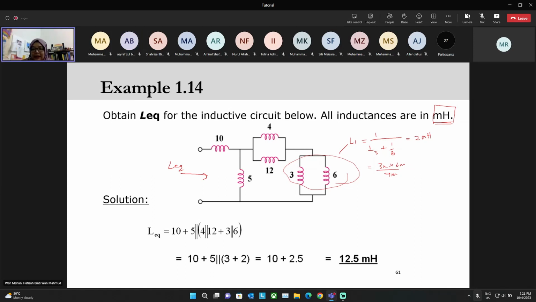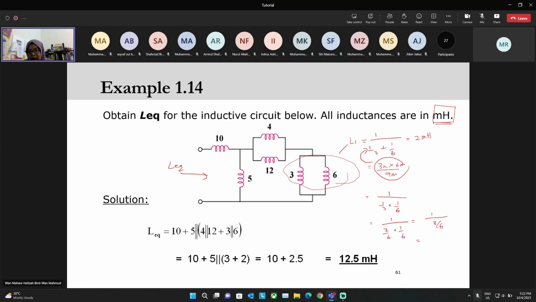Dia sama je. Sebenarnya benda ni adalah daripada sini. So kalau you rearrange the equations ni, 1/ 1/3 plus 1/6 kan. Kita samakan penyebut dia, 2/6 tambah 1/6. So dia jadi 1/ 3/6.